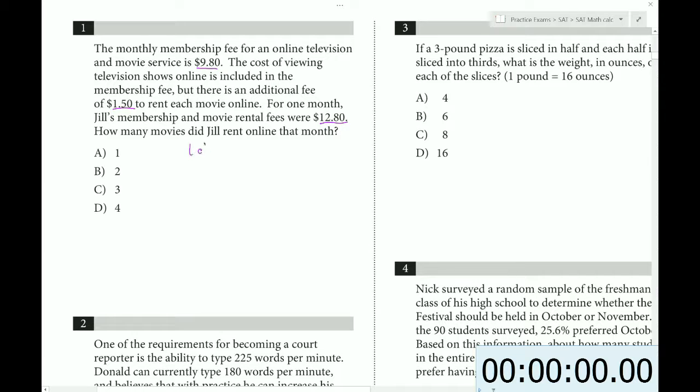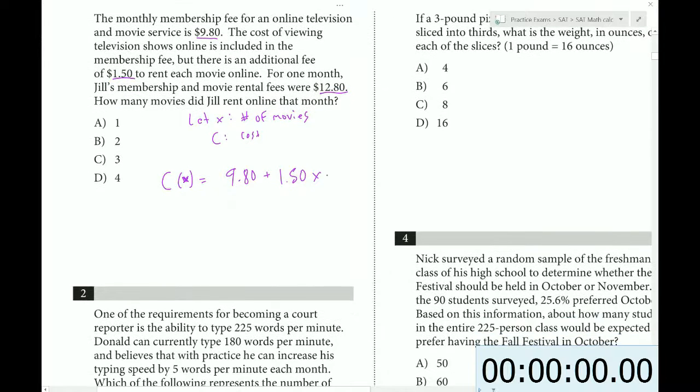Okay, so let's let X represent the number of movies that she rented, and let C represent the cost. Our cost function is a function of X, and it's going to equal $9.80 plus $1.50 per movie times the number of movies.